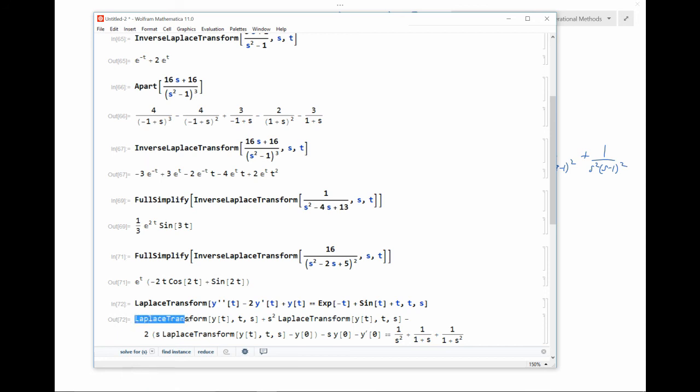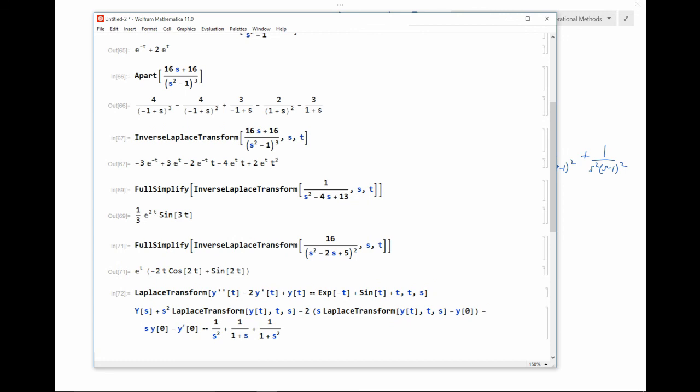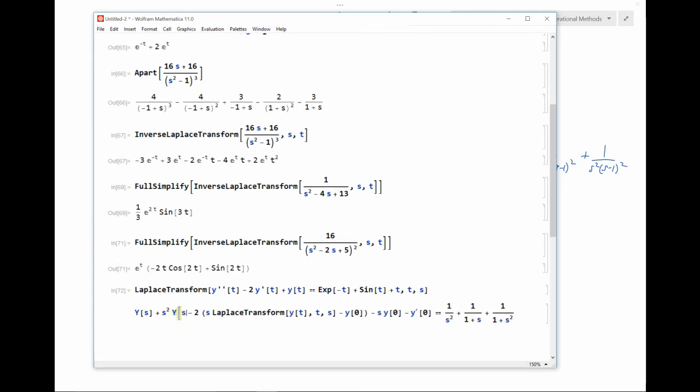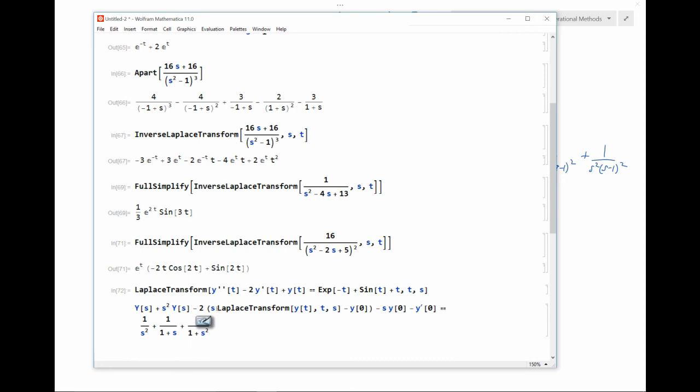Just as before, I'm going to switch all the Laplace transforms. The function Y of s, I know that y of 0 is 3, and y prime of 0 was 1.